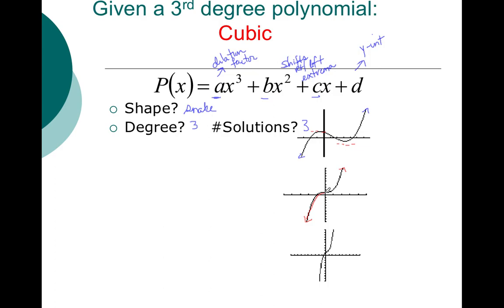I'm still increasing here, still increasing, but just slowly. And then whoop! Increase. So this is 2 extrema. This is called the plateau, even though it's not actually flat.